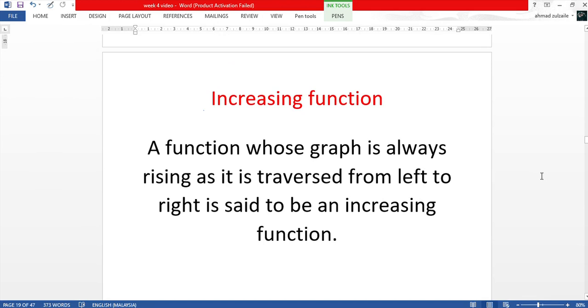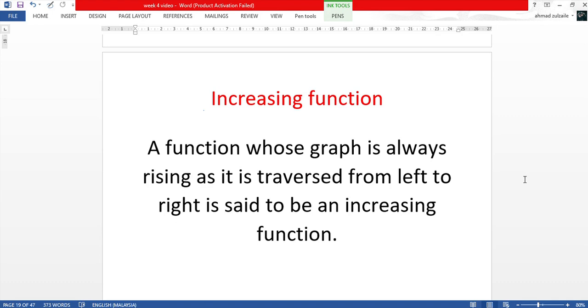So meaning if you increase the x value from left to right, from the small value to the big value of x, what happened to the y value? For increasing function, when you increase the x value, the y value is also increasing.